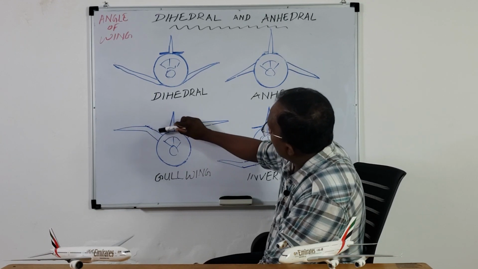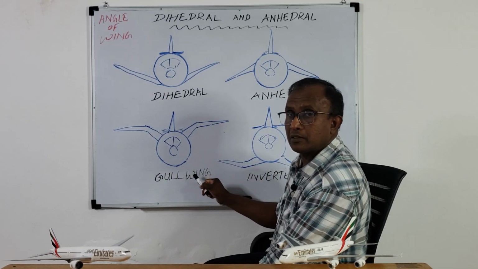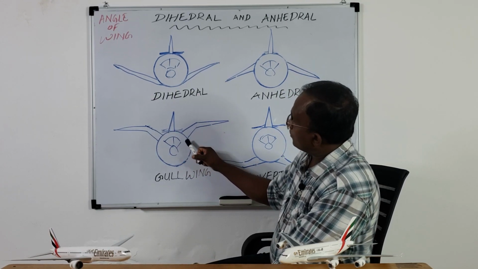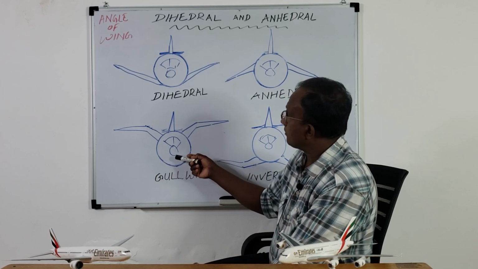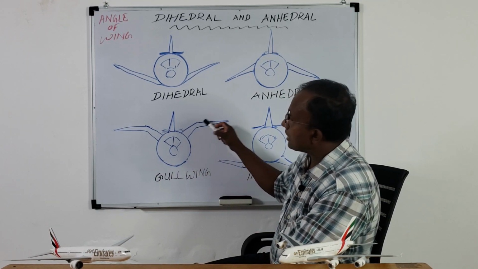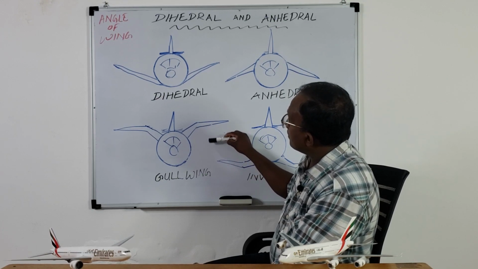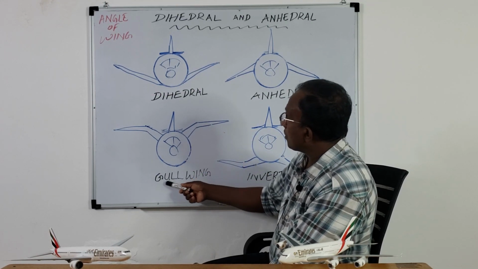So this type of wings are called gull wing. Mostly this type of aircraft using for sea landing. Sea landing aeroplane is like this. The wing is higher, so the water will not disturb the wing. Okay, this is called gull wing.